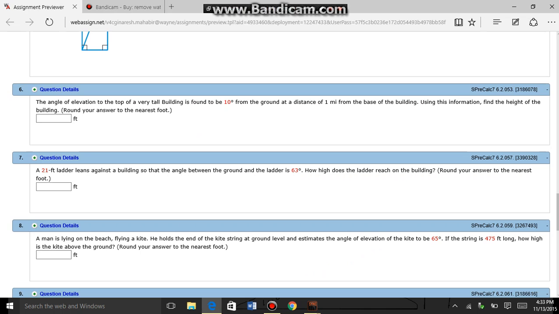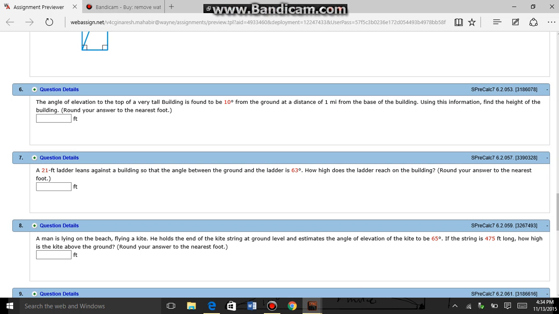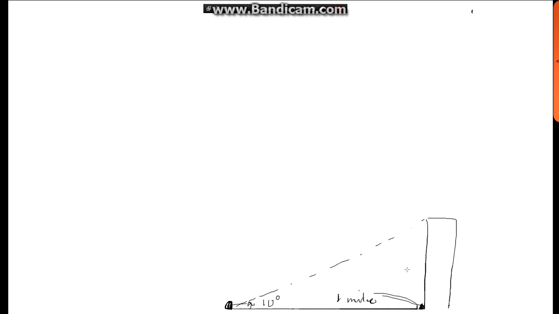Alright. Now what else did they tell us? From the ground at a distance of 1 mile from the base of the building. So this point right here to right here is 1 mile, which is pretty reasonable. Then it says, using this information, find the height of the building. So we got to find this. So this is exactly like the one we just did. This angle we know, so what involves the opposite side and the adjacent side?